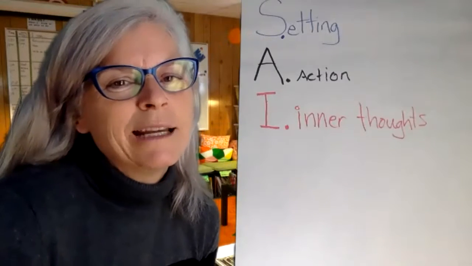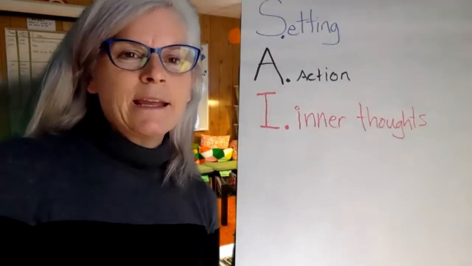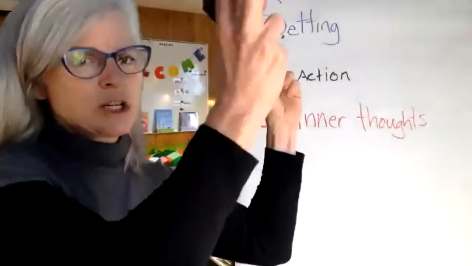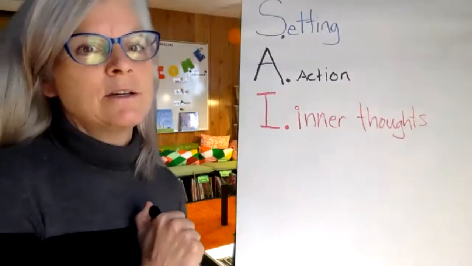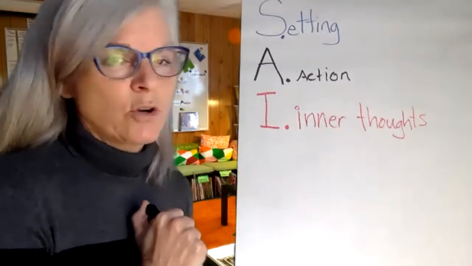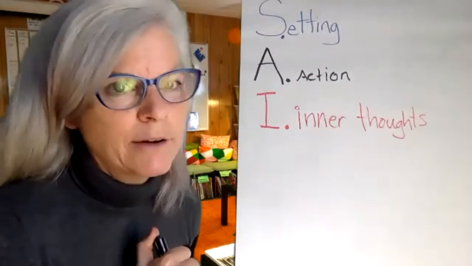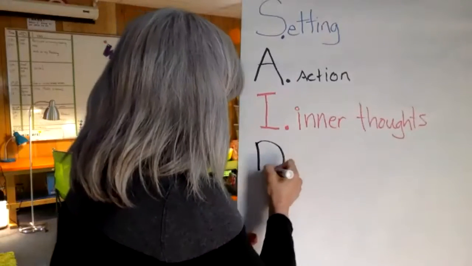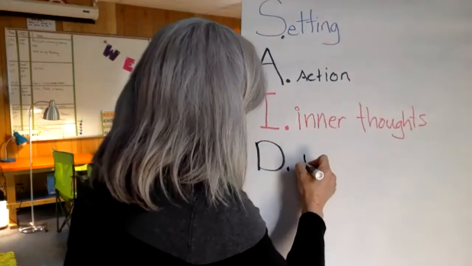And that's kind of boring. So I'd rather have you say, we use S-A-I-D writing, comma, quotation marks, said Ms. Laws, or shouted Ms. Laws, or lectured Ms. Laws, going on and on for hours. So the last letter is D, which stands for dialogue.